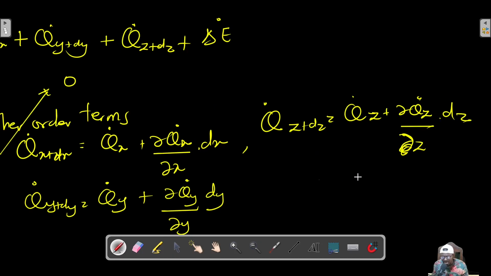So we are going to substitute this into the conservation of thermal energy equation.